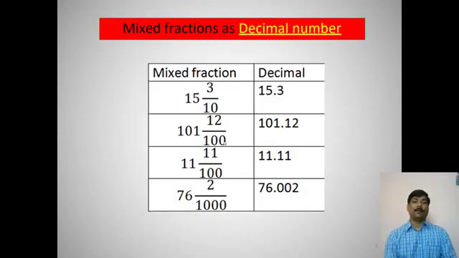Next, how can we write a mixed fraction as a decimal number? 15 whole 3 upon 10.